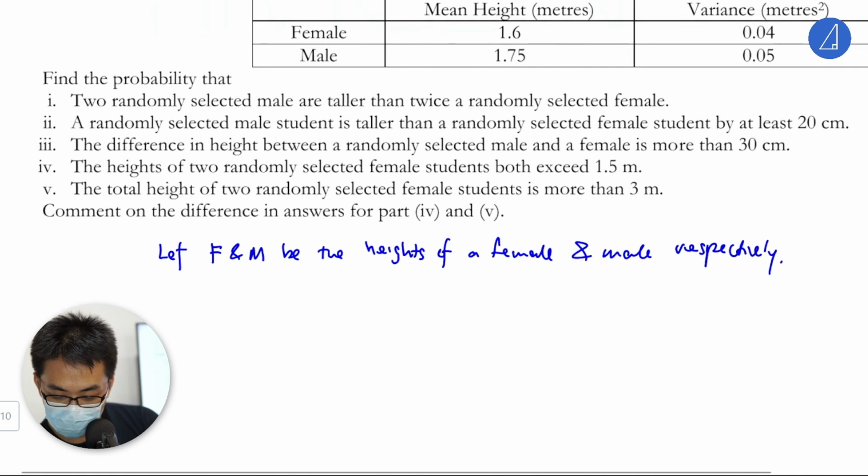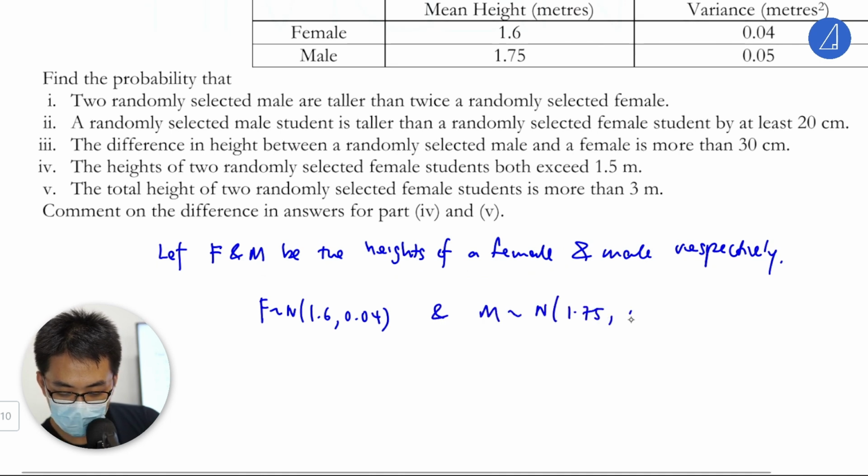Okay, so this is F, normal distribution 1.6 and 0.04, and M, normal distribution of 1.75 and 0.05.